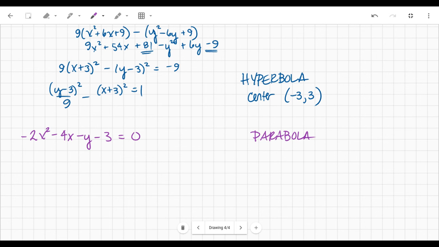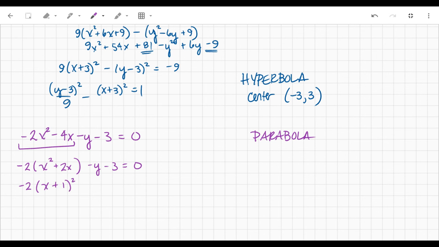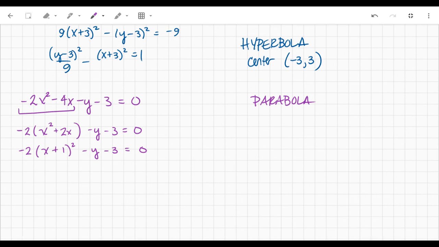So again, we'll just complete the square here. Let's start with this. We factor out the -2, and then we have x squared plus 2x minus y minus 3 equals 0. So then I'll have -2 times x plus 1 squared minus y minus 3 equals 0.